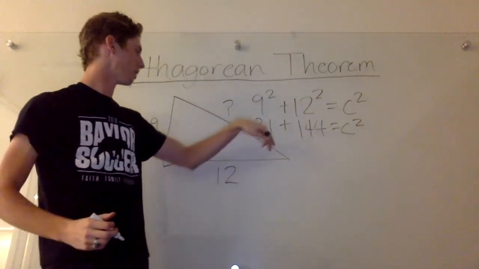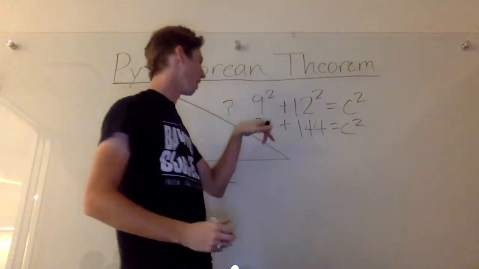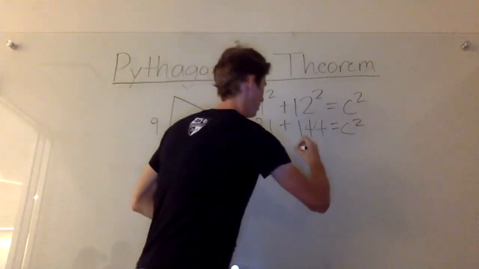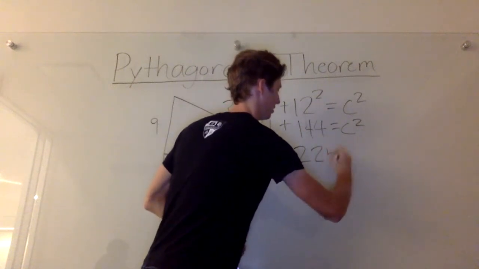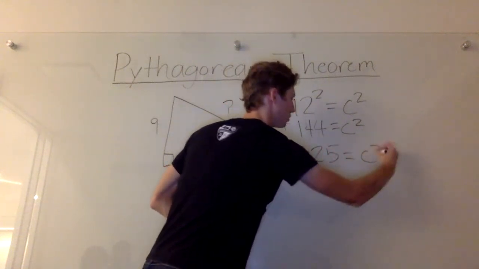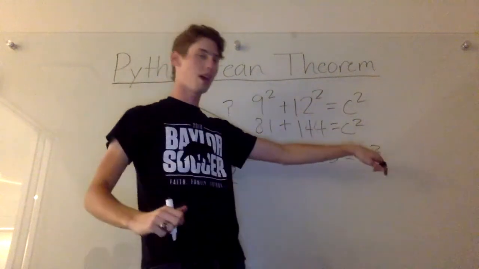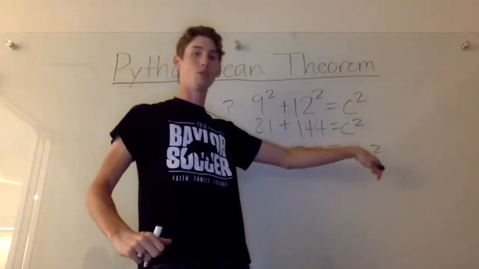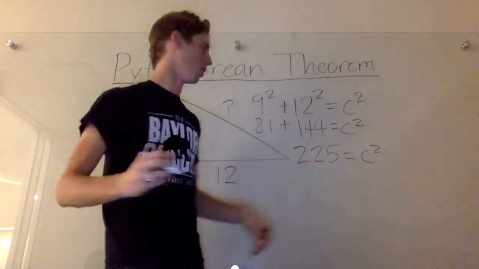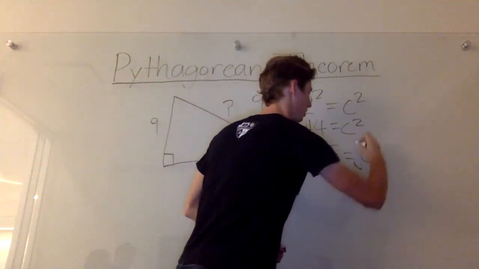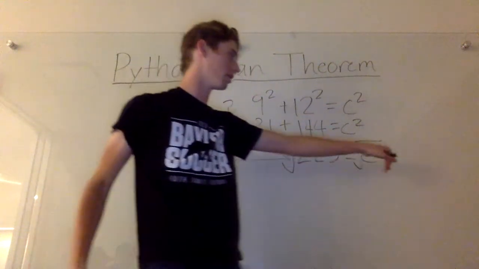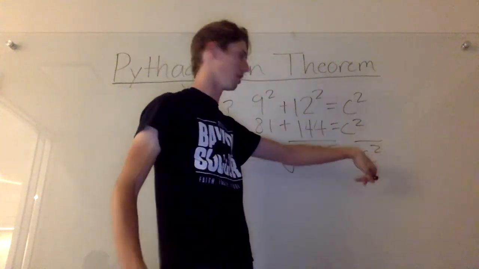All right, so let's simplify this a little further. 81 plus 144 is going to give us 225, equal to c squared. Now, if we're saying that c squared equals 225, in order to do the opposite operation here, we need to do the square root on both sides, because the opposite operation of squaring something is to take the square root.